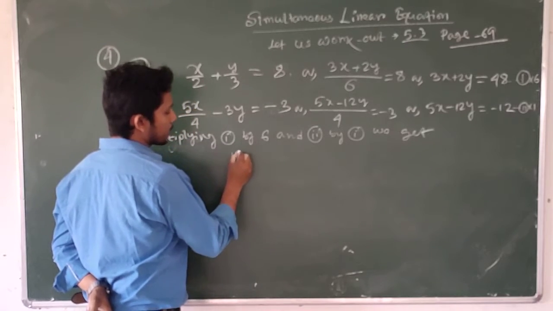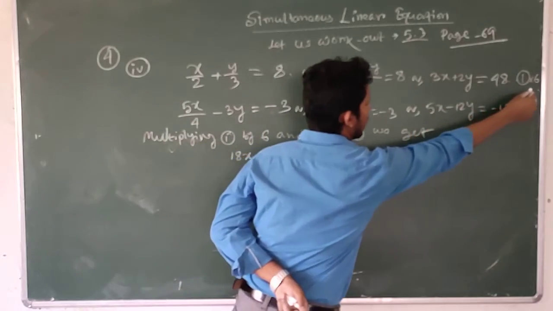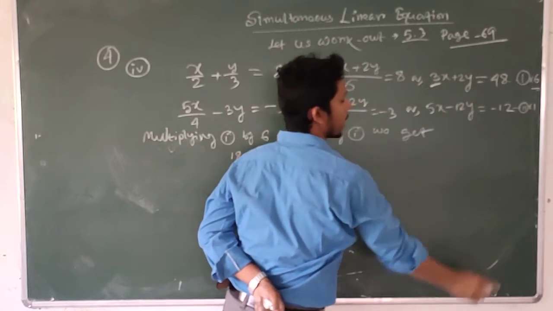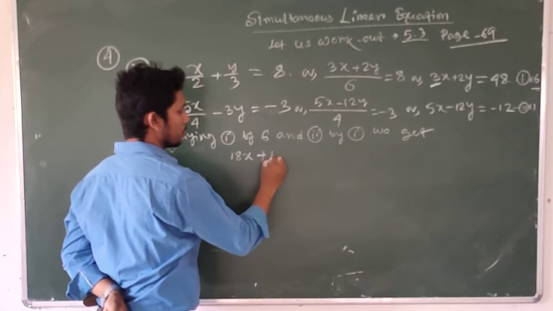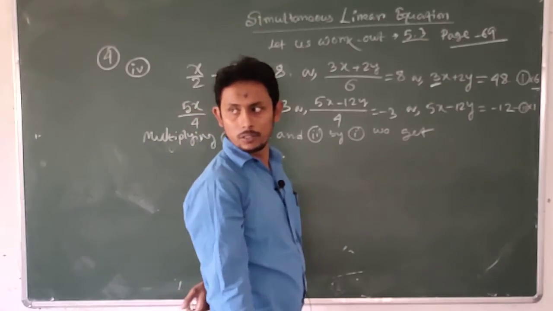So multiplying with 6, 6 3s are 18, and 6 2s are 12.